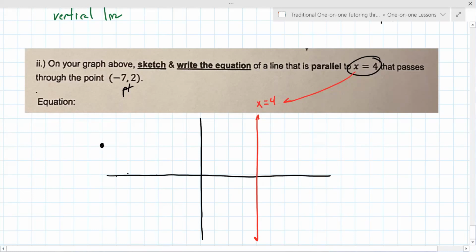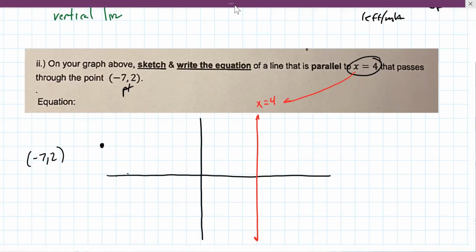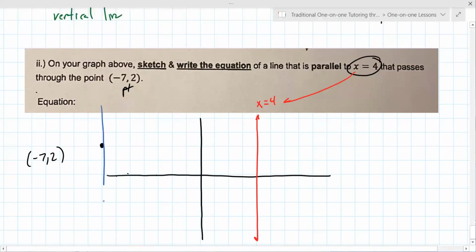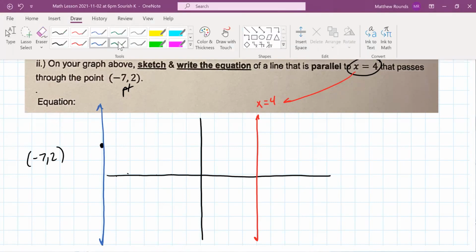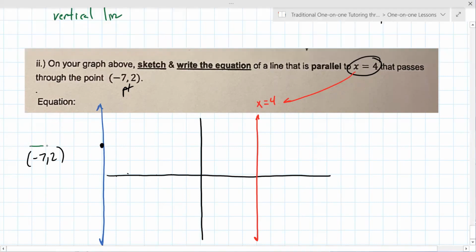Okay, so here's your point, -7, comma 2. So I'm going to draw 2 lines again. And I'm going to ask you the same question. Which is parallel and which is not parallel to the red line? So is it the blue line or the green line that's parallel to the red line?